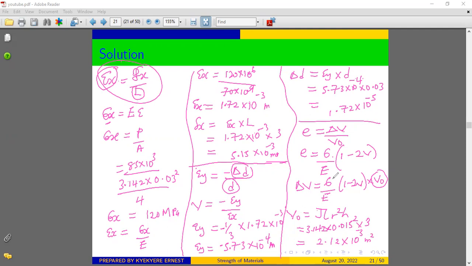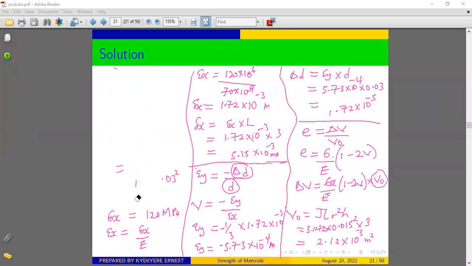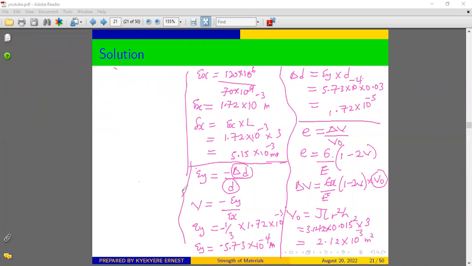And once you have gotten this volume, we know the Poisson's ratio, and we know the stress over the strain. The stress over the modulus of elasticity in the x-axis is equivalent to the strain in the x-axis.